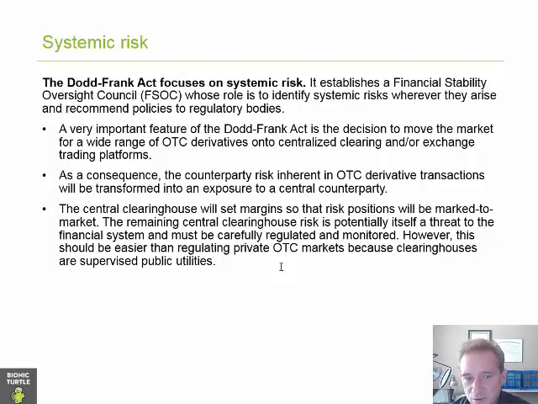And also an important feature, the decision to move a range of the over-the-counter derivatives onto centralized clearing or exchange-traded platforms. And so that really concludes a summary review of that first reading, which introduces topic 1 to the FRM candidates.